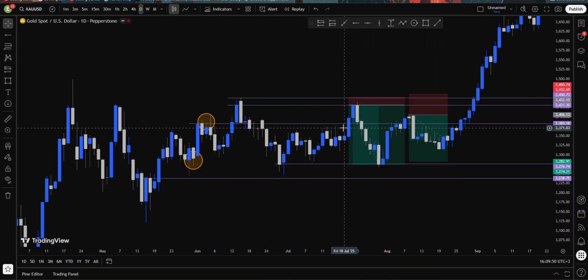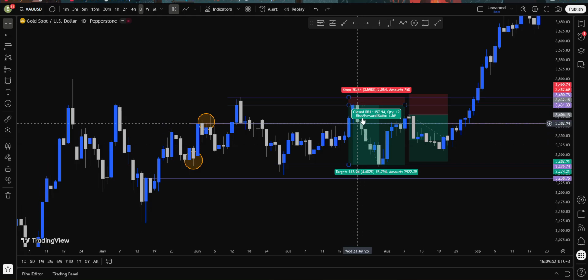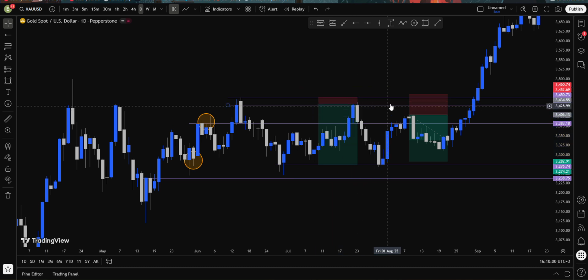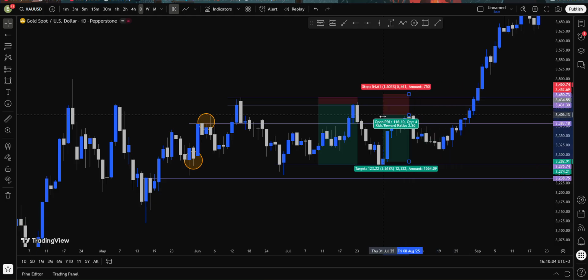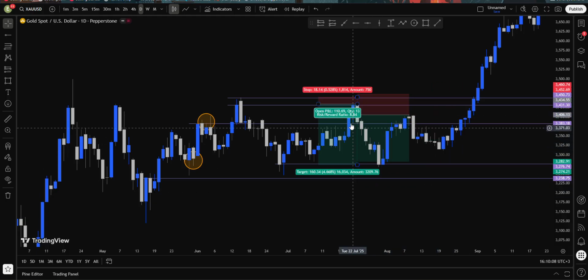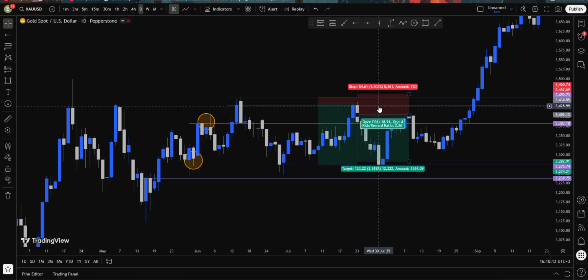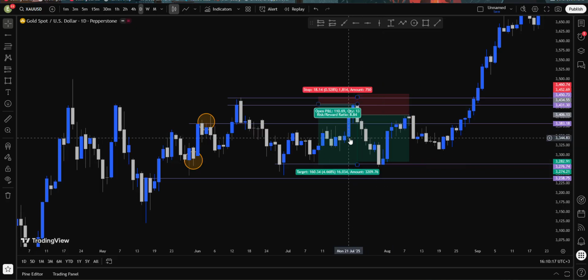So for this scenario, this one is risking a lot, almost 500 pips to get 1,000. The risk is 1 to 2, but this one is risking less and getting more.